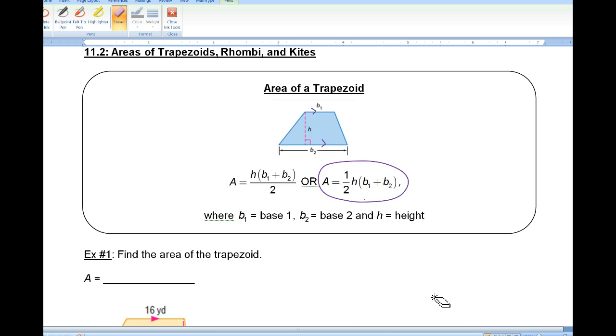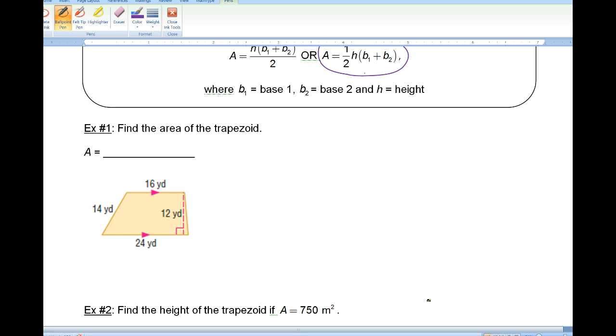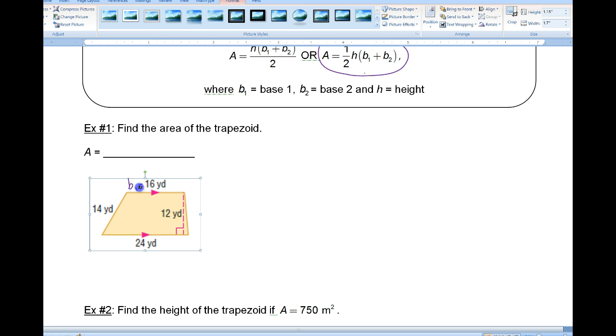So let's look at the first example, where we just want to find the area of the trapezoid. They just gave us extra information here. We'll say base 1 is 16, and base 2 is 24.